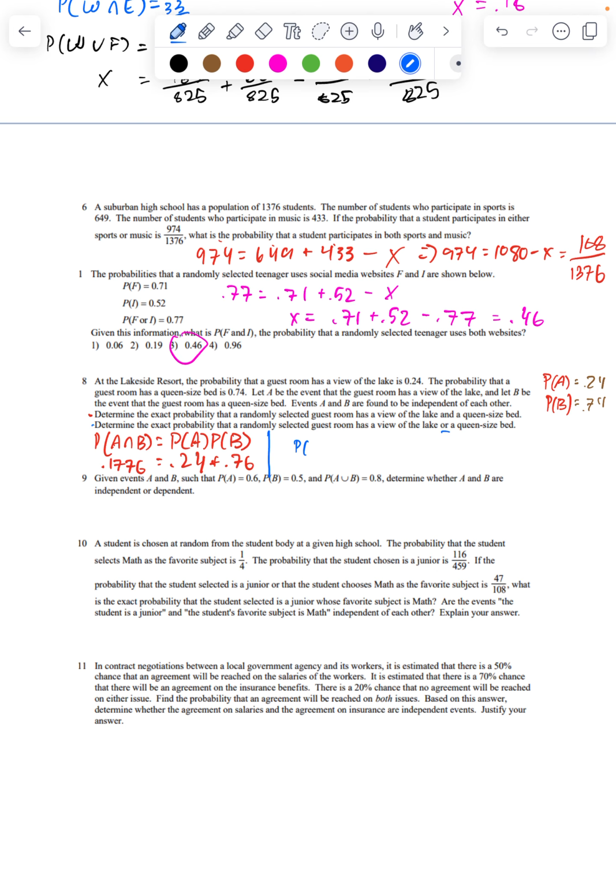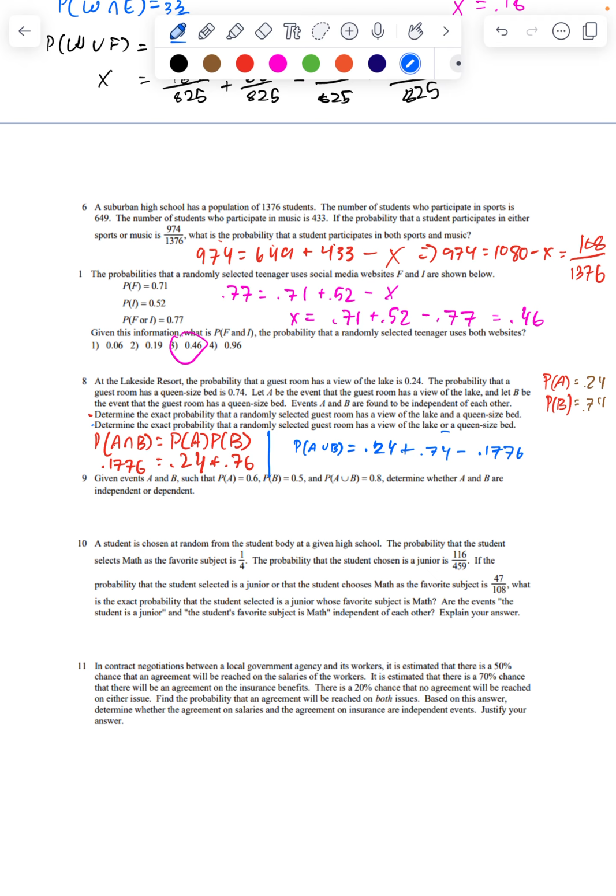So we're looking for the probability of A union B. All right, and that's going to be the probability of A, which is having a lake, 0.24, plus having a queen bedroom, which is 0.74, minus their intersection, which we just found, right? Having the lake and the queen size bed was 0.1776.